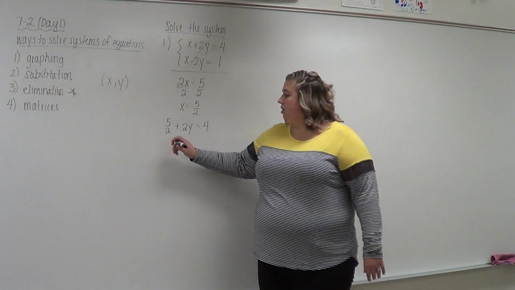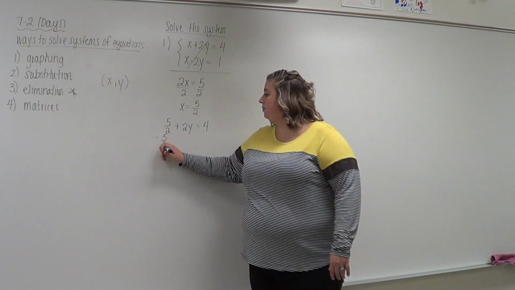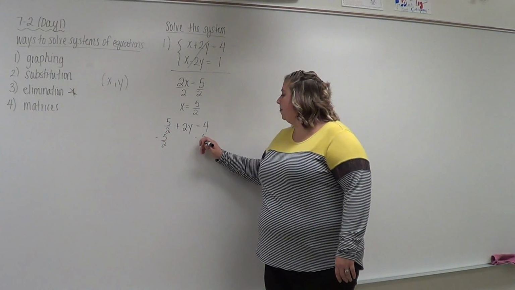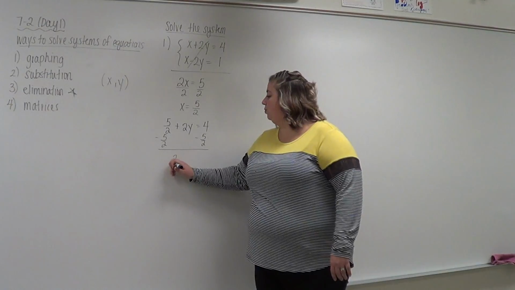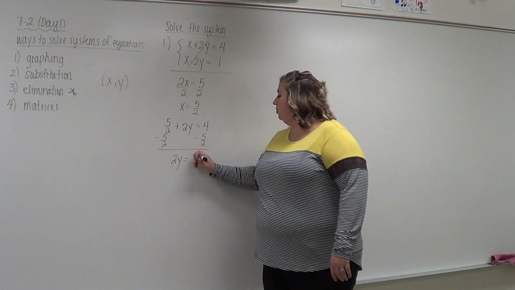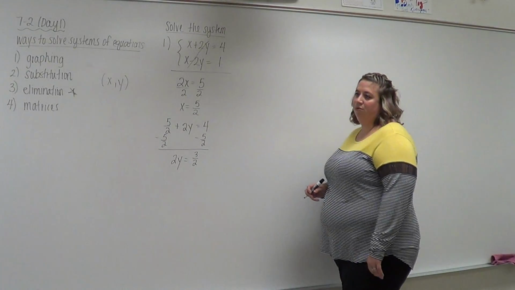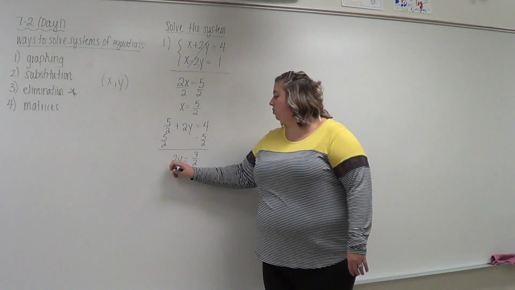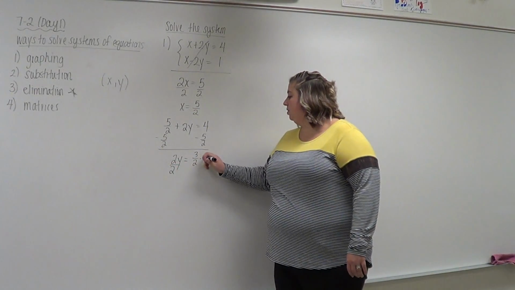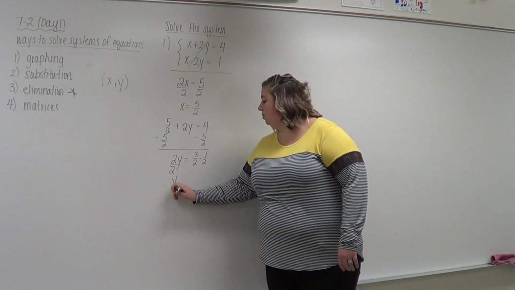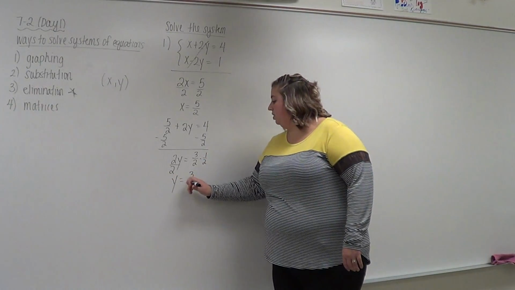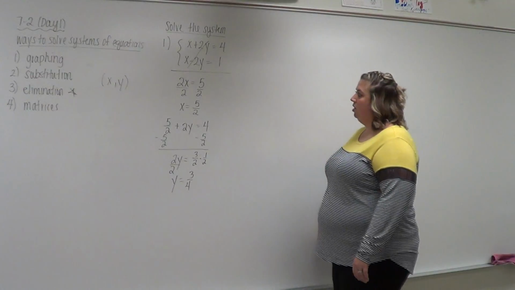Then I would subtract 5 halves, so I have 2y equals 3 halves. How do I get rid of the 2? Divide by 2, which is the same as multiplying by a half. So y is 3/4.